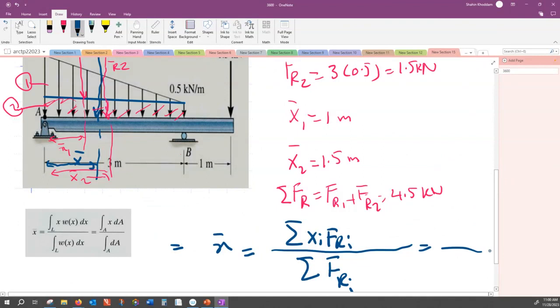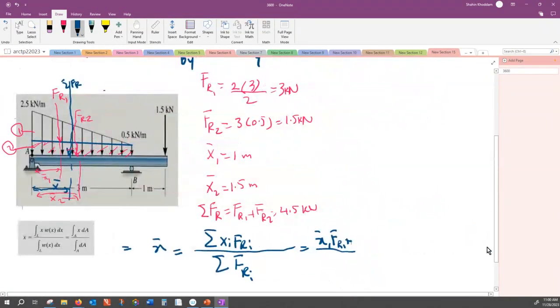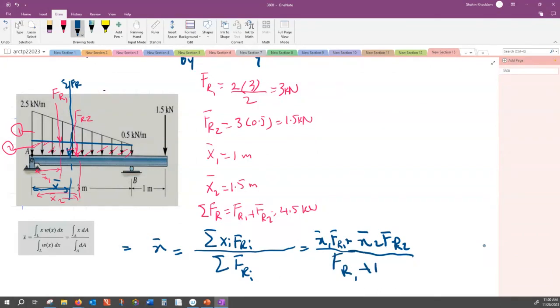What does that mean? It means the moment over force. X bar 1 FR1 plus X bar 2 FR2 divided by FR1 plus FR2.